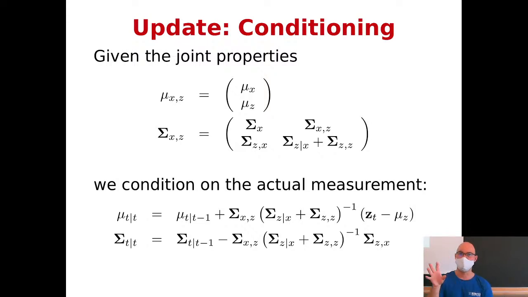With those we can apply the chain rule and calculate the joint distribution between measurement and state, but that will come already in covariance form. And then I can do a conditioning, and then I can obtain my updated state.